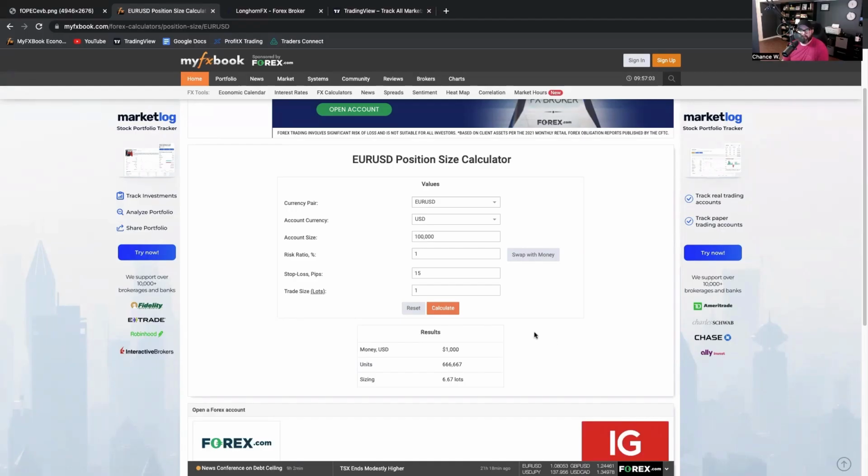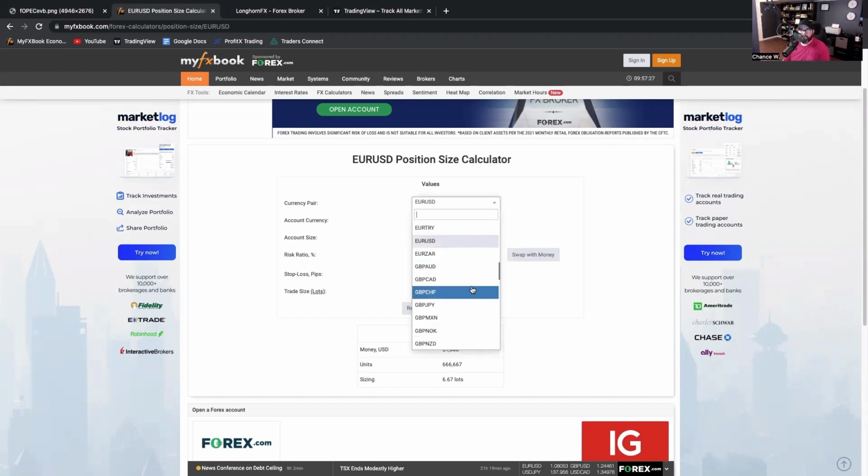Okay, so I'm back to the Forex position size calculator on my FX book. We still have everything inputted for that EU trade, the euro dollar. The account size was $100,000. Risk ratio was 1%. Stop loss size was 15 pips. And it told us that 6.67 was our lot size that we need to input. That's tied to the US dollar. That coincides with everything that I showed you in that chart that I made up in Excel.